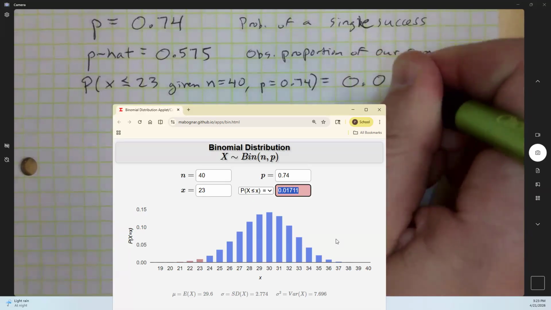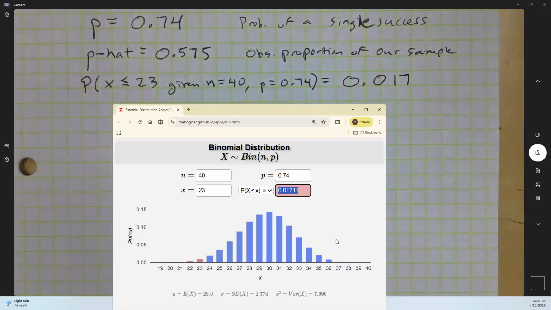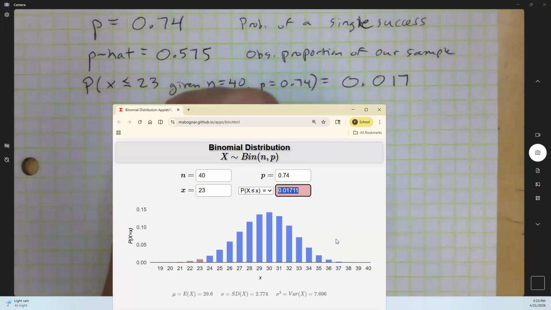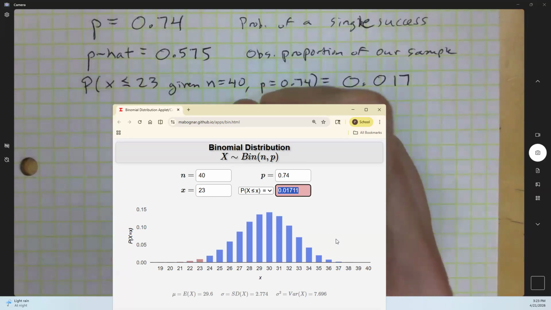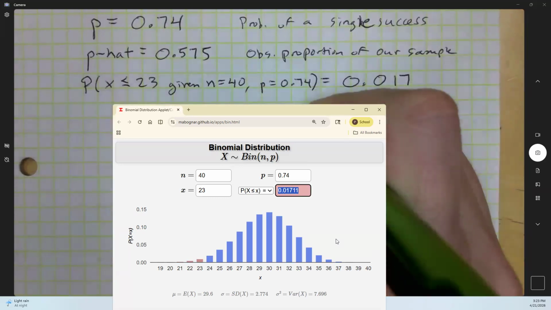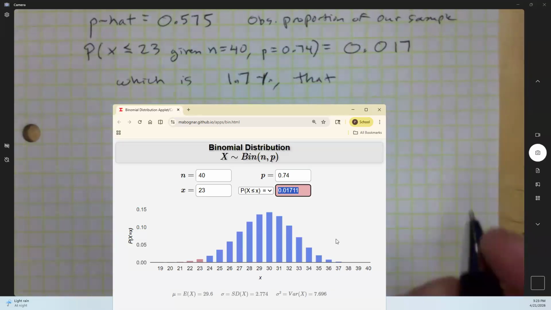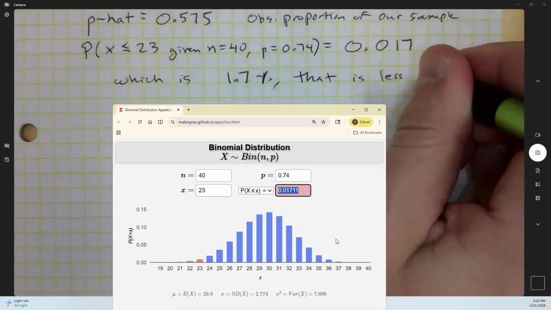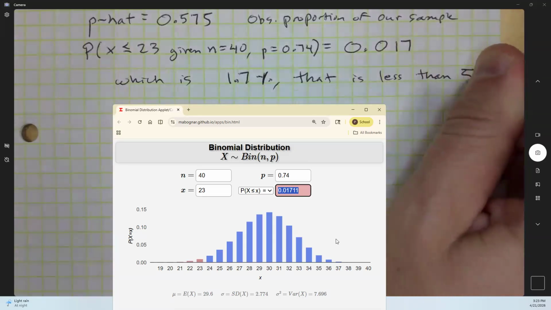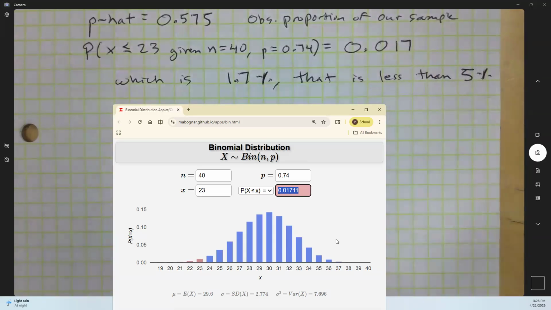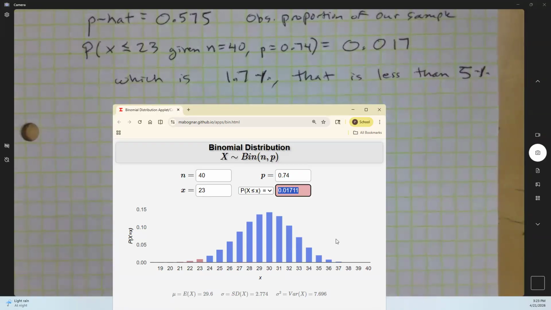It's still in the percentage terms: 0.017, which is 1.7%. That's the probability that we compare to our 5% cutoff. Not the 0.575 and not the 0.74, but the probability we get from using this app.